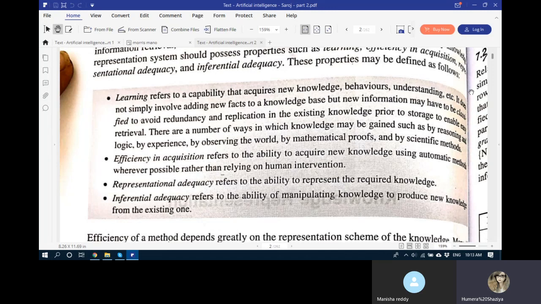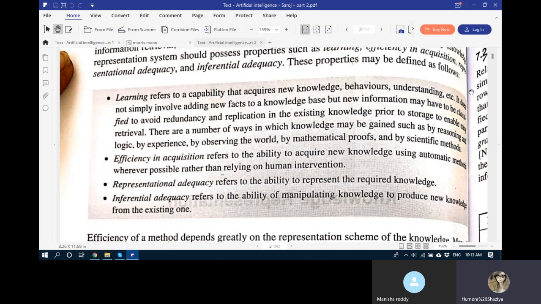You use two slanting lines, left and right slanting lines, and a horizontal line in the center. That is the representation of A. Likewise, you have B, you have C. So you know how to represent that. Likewise, machines should also possess the ability to represent the required knowledge.